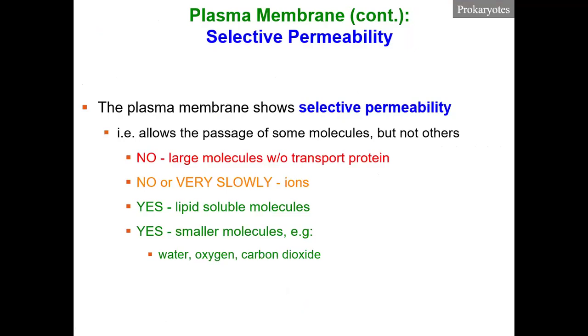That would be actually all amino acids and all carbohydrates. If the cell wants it, it'll make a transport protein. A carbohydrate would be something like a simple sugar. It cannot move through the lipid bilayer unless it has a transport protein.